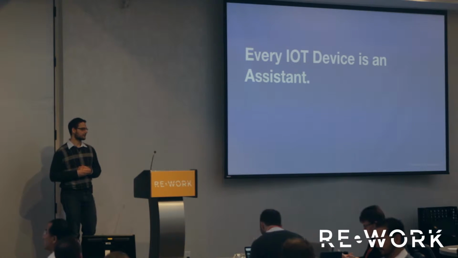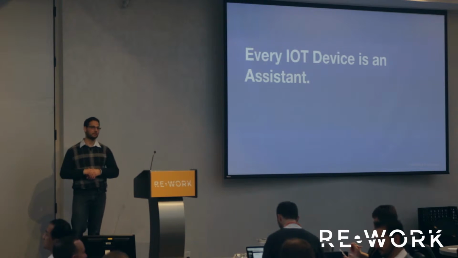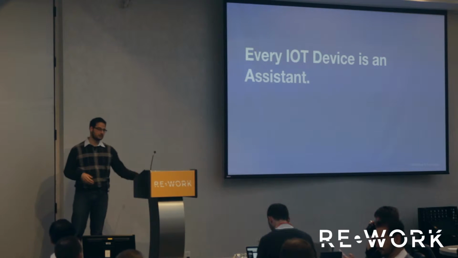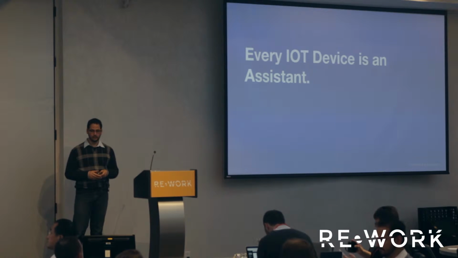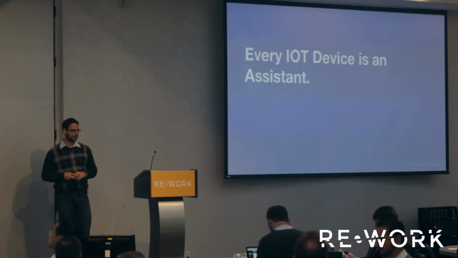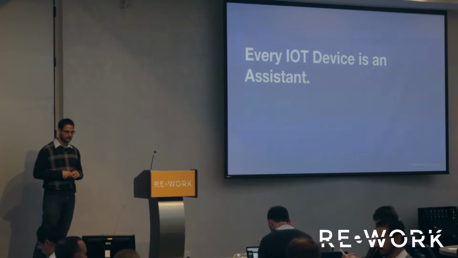If you're building something like the Nest, you're trying to help people regulate temperature or conserve energy, and so on and so forth. All of these devices try to be intelligent. All of these devices try to help you complete tasks. And all of them are basically taking on the function of an assistant.